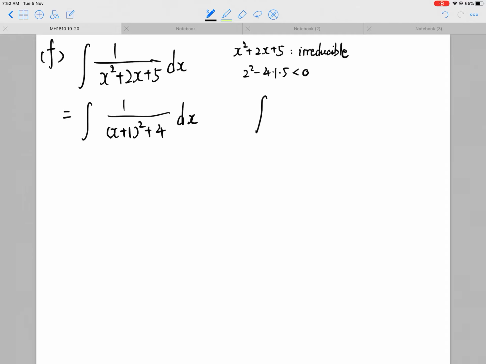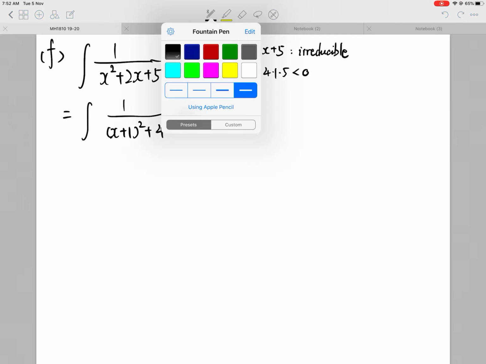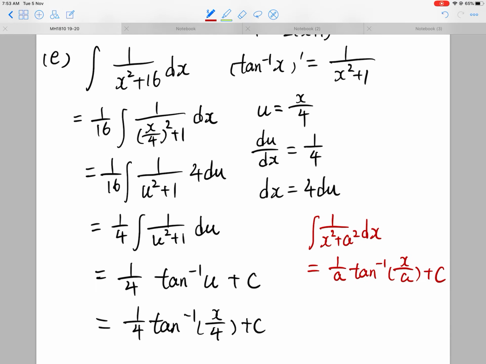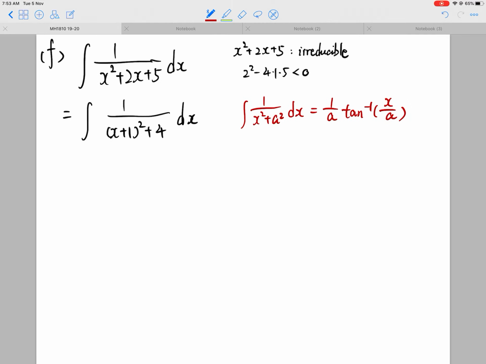Right, and don't forget about the formula we just introduced. The integration of 1 over x squared plus a squared is 1 over a tangent inverse of x over a, plus c. So here I just want this to be my u, right?